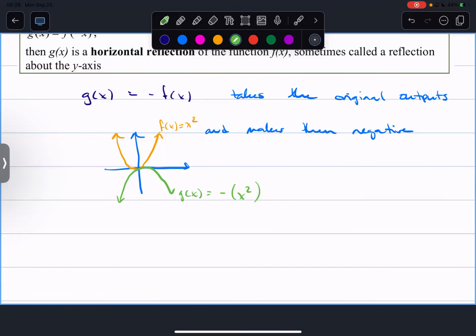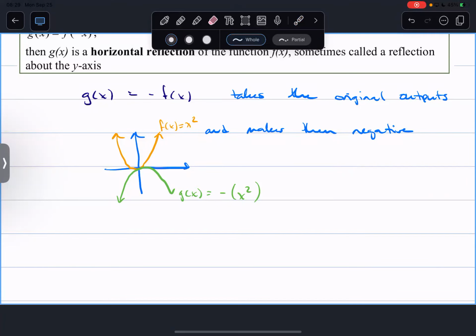Also works if you have something like x to the power of 3. What does x to the power of 3 look like? That's a terrible x to the power of 3. But now it would take all my negative values and multiply them by a negative, which means that they're now positive. A negative times a negative makes a positive, right? It takes all the positive values and makes them negative, right?